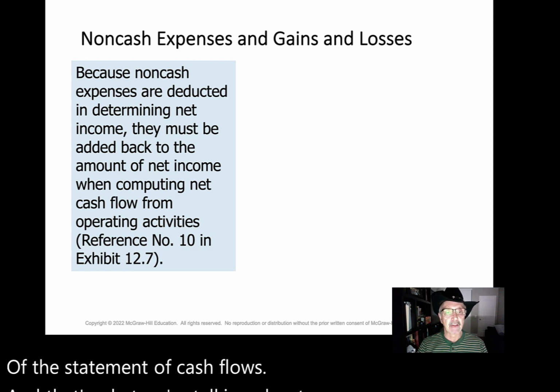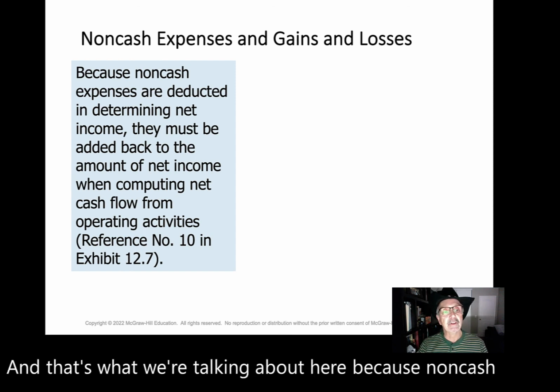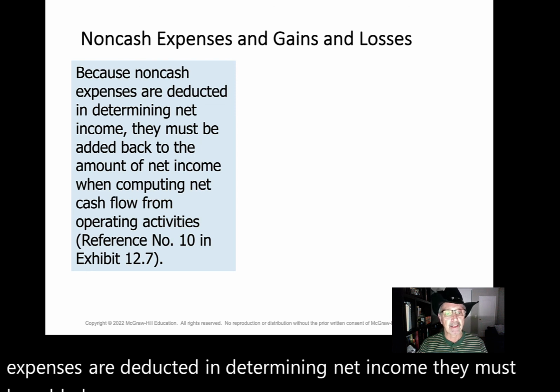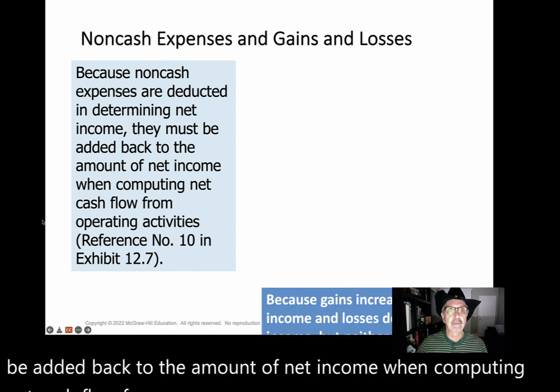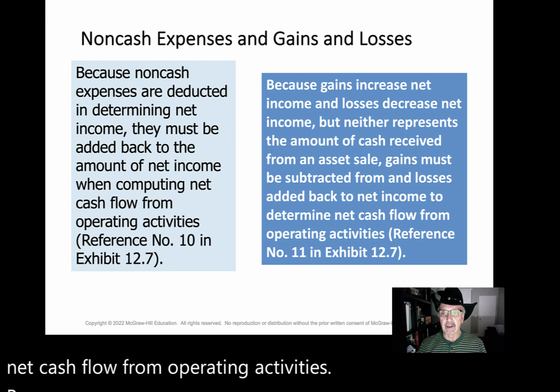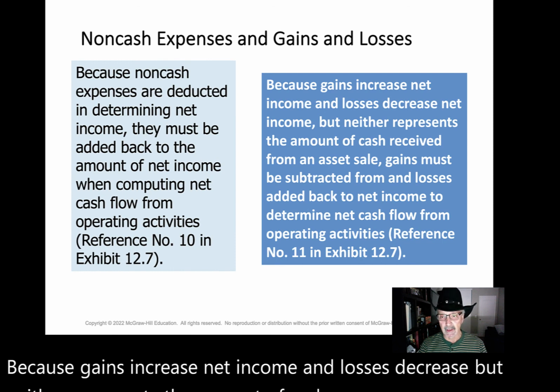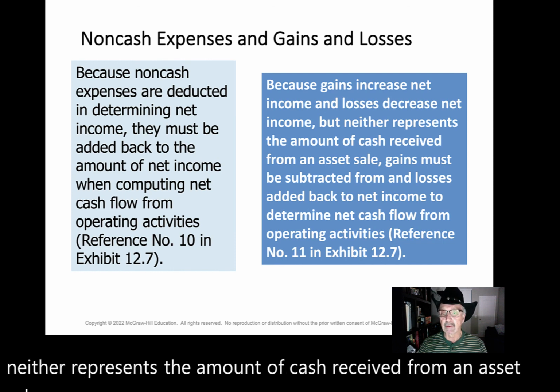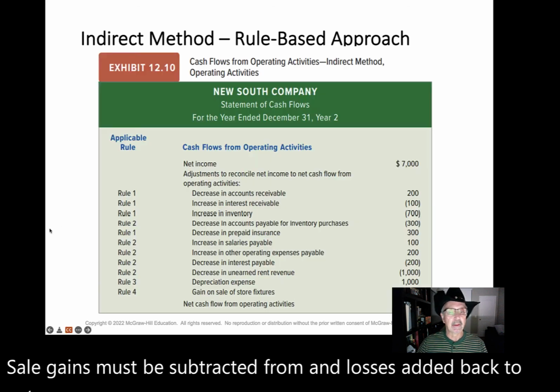Because non-cash expenses are deducted in determining net income, they must be added back to the amount of net income when computing net cash flow from operating activities. Because gains increase net income and losses decrease, but neither represents the amount of cash received from an asset sale, gains must be subtracted from and losses added back to net income to determine the net cash inflow.